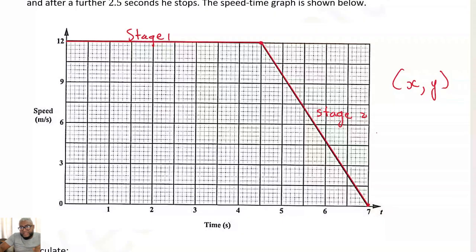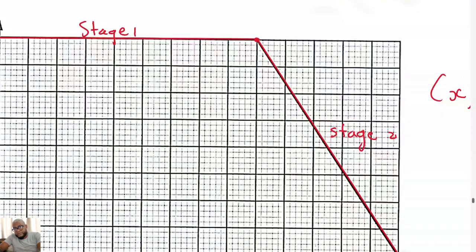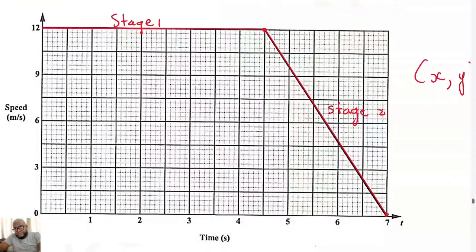So we go back again to stage 2. Give me the coordinates of a point on that line. That's the x and y axis.